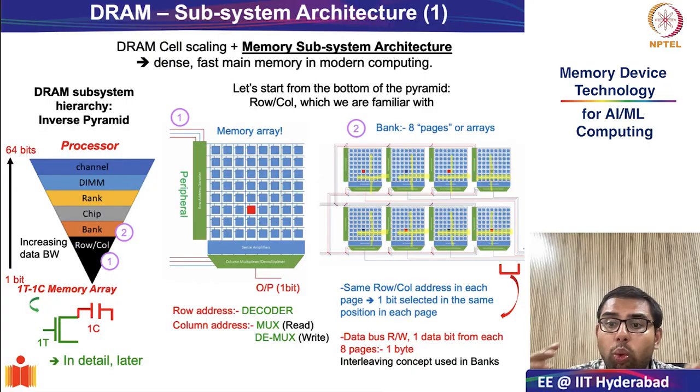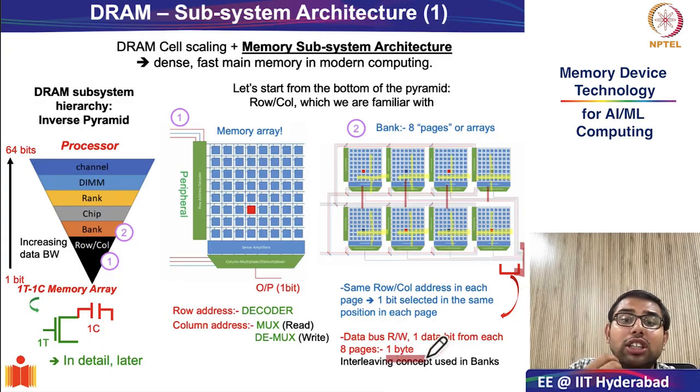And since there is one output from each of the pages, all of the data is getting collated, and therefore the output of one bank is 8 bits or 1 byte. Why is this concept of banks very important?